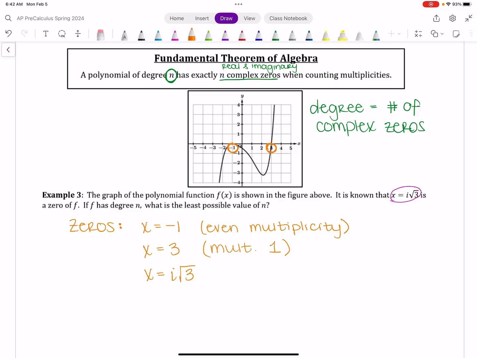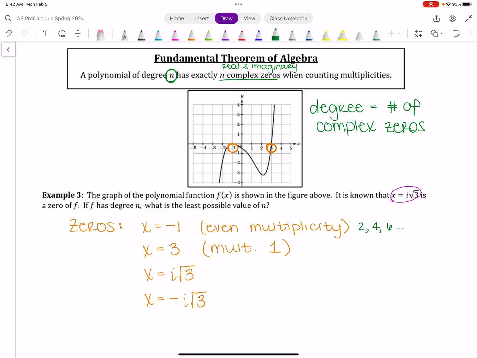And because our complex roots have to come in pairs, we also know that negative i square root of 3 must be a zero as well. So if we think about those 4 zeros with their multiplicity, remember, negative 1 has to have a multiplicity of 2, 4, 6, and so on.